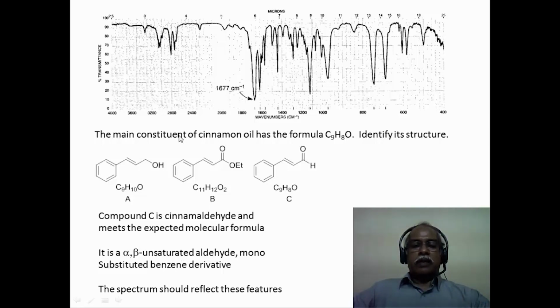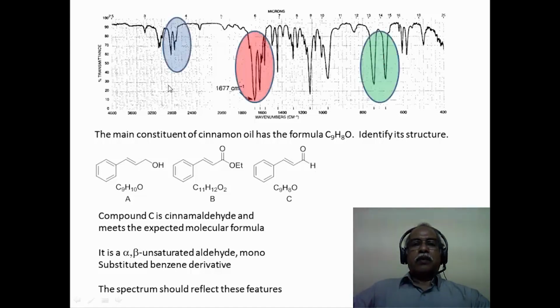One can also look for the CH stretching frequency of the aldehyde in the infrared spectrum. Now if you look at the highlighted areas clearly, it tells you that there is an aldehyde functional group, an alpha beta unsaturated carbonyl stretching frequency, 1677 corresponds to that. In fact, you can also see the C double bond C stretching frequency by the side of it because it is an alpha beta unsaturated system, and the CH stretching frequency of the aldehyde, which comes around 2800 inverse centimeter as a two line pattern, is also very clearly seen.